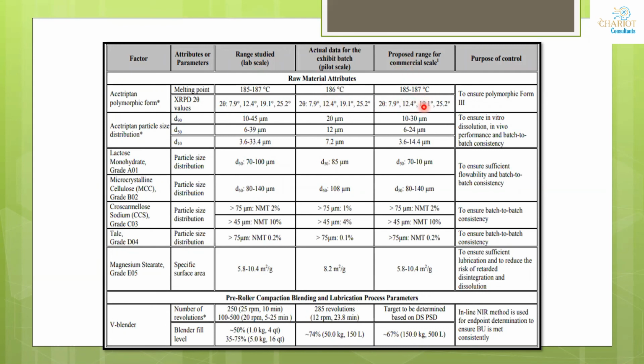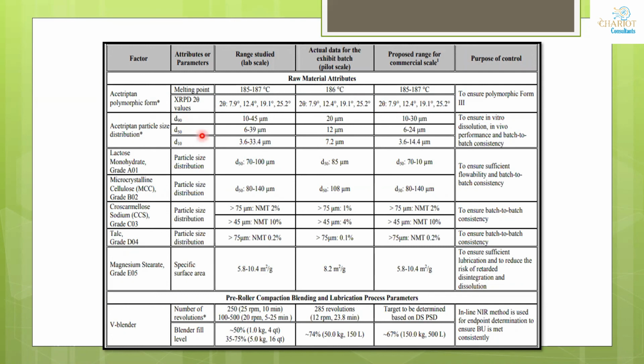So basically, control strategy is based on the studies you have done in lab scale and pilot scale, and what you are proposing for your commercial batches, the batches which you are going to give to the patients. Since we have studied only one polymorphic form, we will propose the same polymorphic form for your commercial batches.